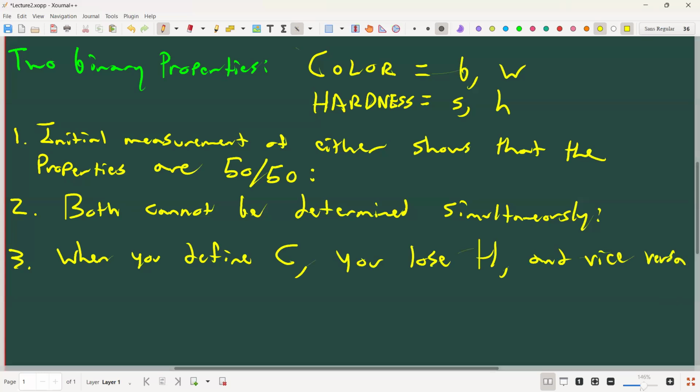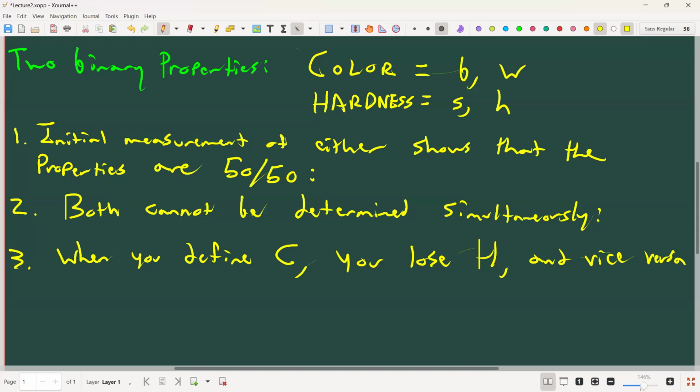Right? So it's not really fair to say that we have 25 of each combination. Because what happens is that if we filter out the black ones, and then we measure whether they're hard. So let's say we take some black ones and then we put them through the hardness and take out the hard electrons, only keep the hard electrons.